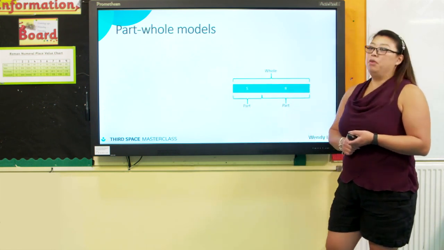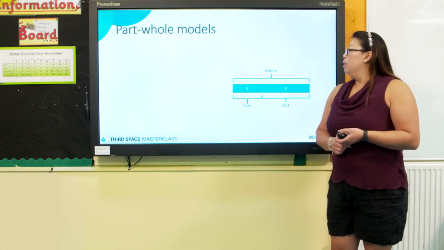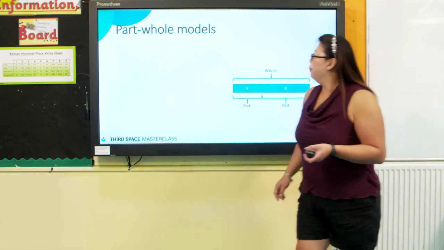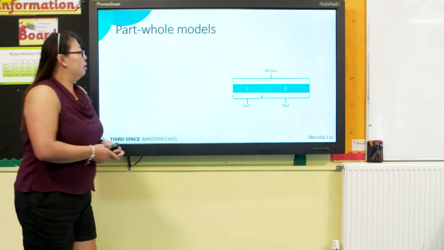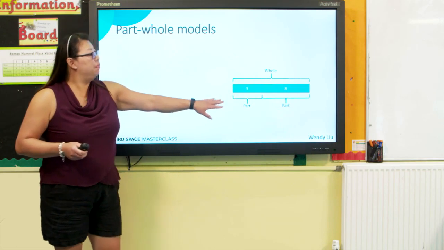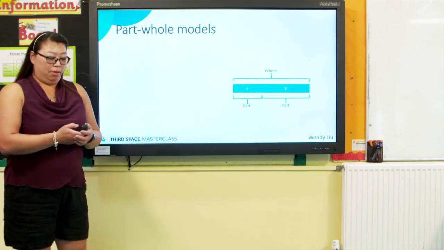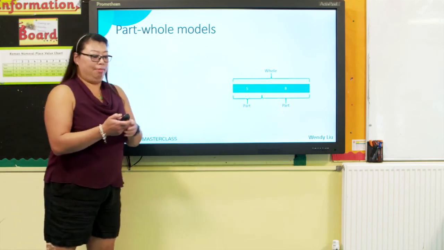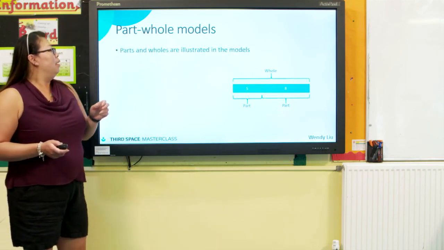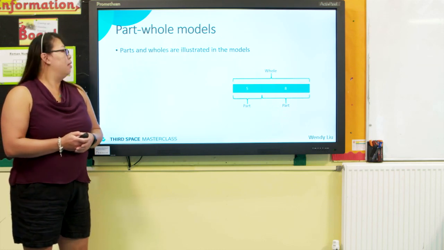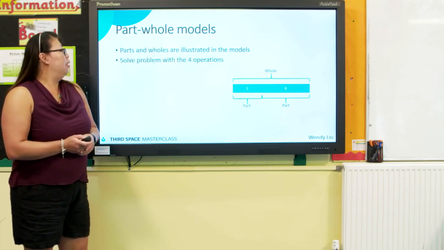Okay, so let's move on to part-whole models. So what is a part-whole model? Here you can see a bar model. It's split into parts, and the whole bar makes the whole. So the part-wholes are illustrated in the models.